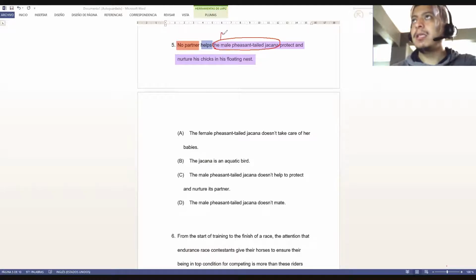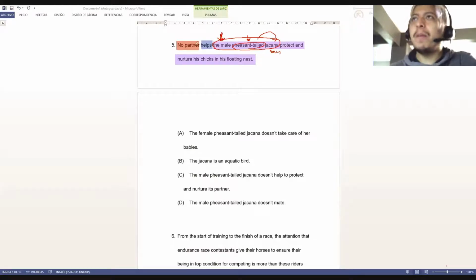Male is an adjective. Pheasant-tailed is another adjective. And we are speaking about the noun, which is the jacana. No partner helps the jacana, or the male or a masculine jacana. Pheasant-tailed doesn't really matter. It's just like a description of the thing.